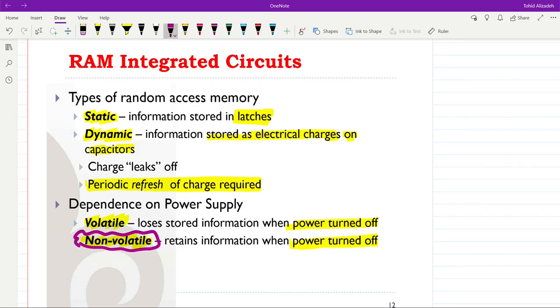You can think of the hard disk of the computer to get an idea. Even if you turn off the computer, the information that you had in the memory of the system will still be there, and next time that you turn the system on, you will have access to that information. So in some sense, you can have an understanding of non-volatile memory.